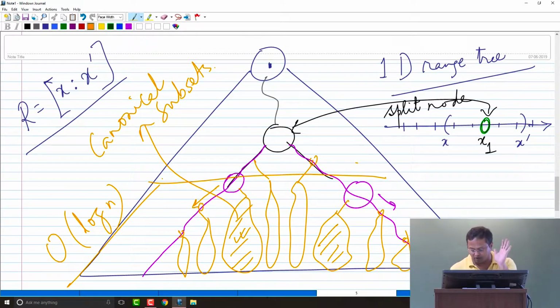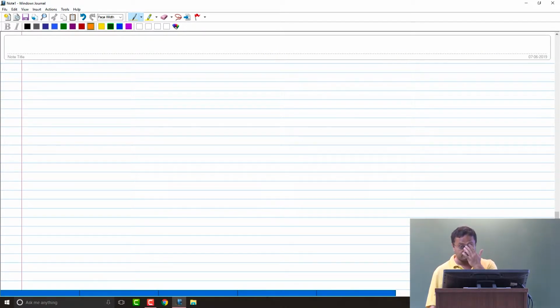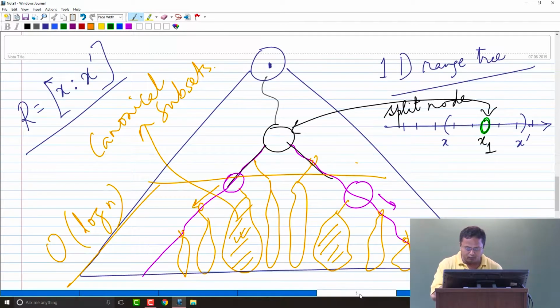So, this is looking back at interval searching within a balanced binary search tree. I will now try to take this idea over to 2 dimensions. If you have understood this, the range tree next is not much difficult. Now, see, when I am reporting a canonical subtree, what am I sure of?